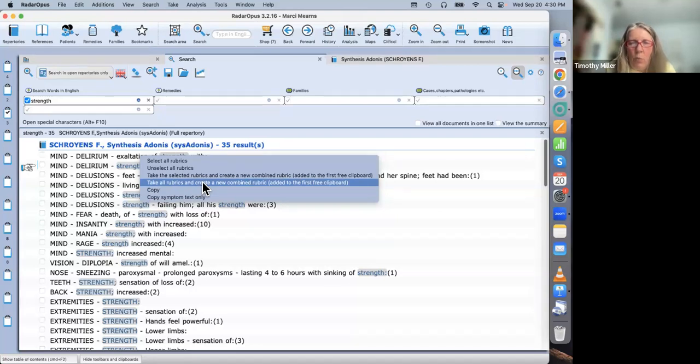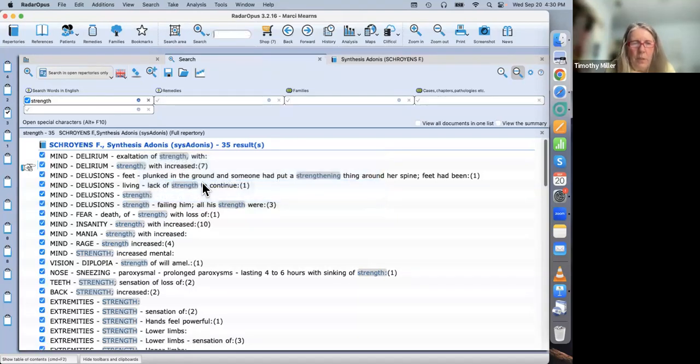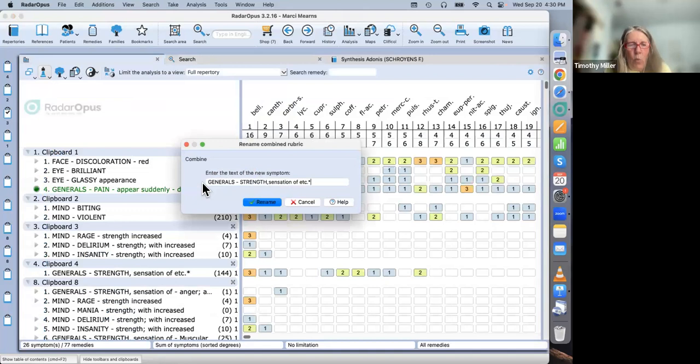I'm going to choose that and watch what happens. The program went in and took all 35 of those rubrics, created a combined rubric and called it strength. Now, if I wanted to do this right, strength search, see, just for my own self. Okay, I'm going to rename that.